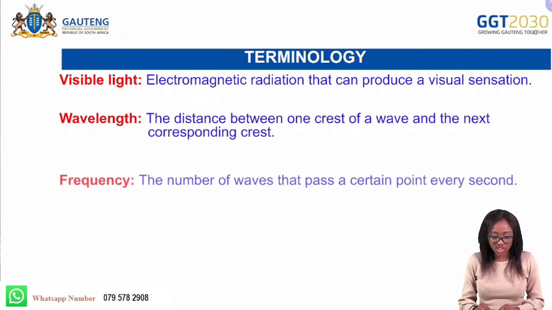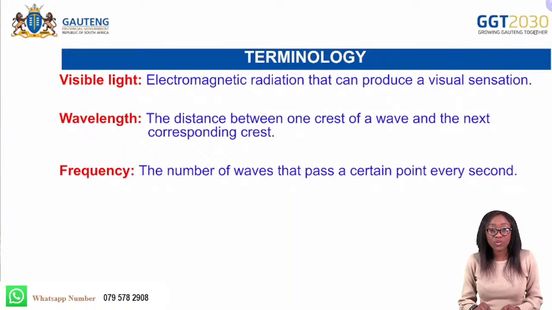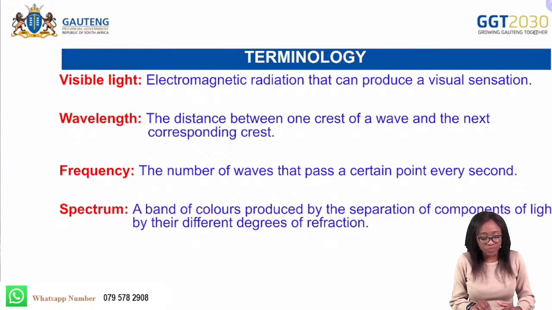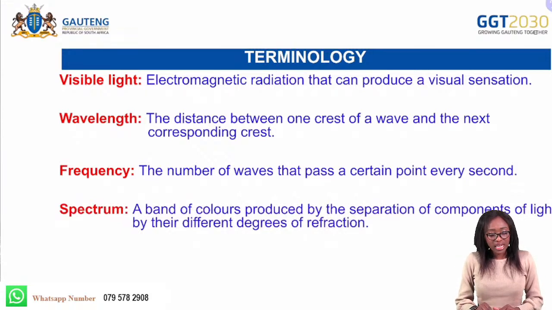And then the next term is frequency. Frequency is the number of waves that pass a certain point every second. And then the next term is spectrum. What is spectrum? Spectrum is a band of colors produced by the separation of the components of light by their different degrees of refraction.